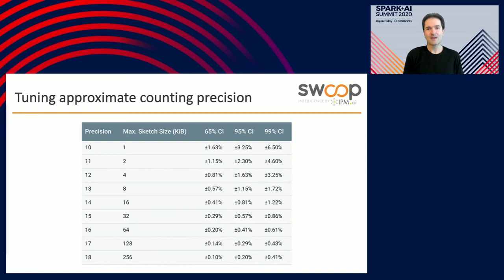You never know. The good news about HyperLogLog approximate counting is that the precision of the algorithm is tunable. It all depends on how many bits of precision you allow in your HyperLogLog sketches. The basic rule of thumb is that to halve your error, you need to quadruple the size of your sketch. So if you want less than 1% error at 99% confidence, you have to turn a set of IDs, in this case 64-bit IDs, but it doesn't really matter how large the data is that you're hashing, because even if you're hashing much larger data, it still produces the same HyperLogLog size.